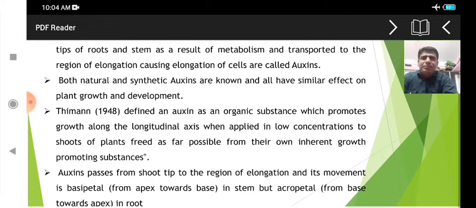But in the root, it is base to apex, called acropetal movement. When it is towards the apex, it is acropetal; when it is towards the base, it is basipetal.